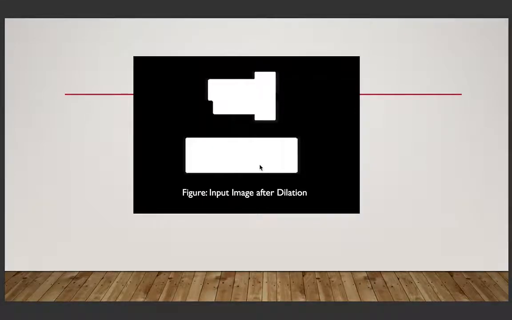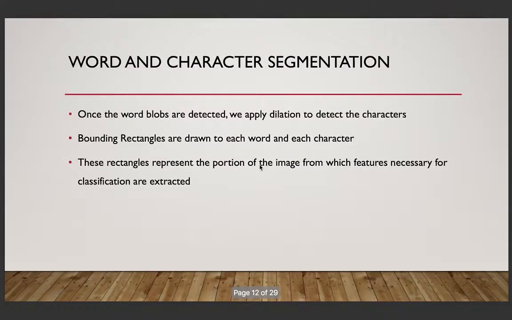The idea is that these blobs represent words, and to actually get the individual character regions, we have to apply dilation again within these textual blobs. So it is a two-level process, one for words and the other for characters. We draw bounding rectangles on each of the blobs detected, and these bounding rectangles are used in future phases.